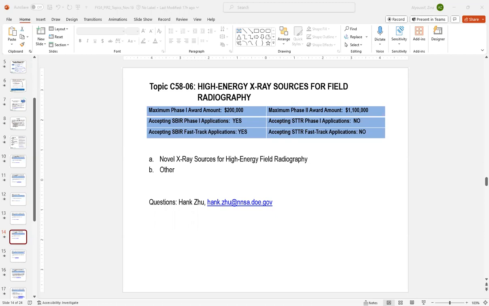In the nuclear incident response field, people are waiting for these technologies. The topic has listed some of the key threshold requirements. I won't repeat them here, but technologies other than Linac-based ones are also welcome if they can meet these requirements. The technology will be immediately transitioned to the Nuclear Emergency Support Team field diagnostic tool set as soon as it's matured.